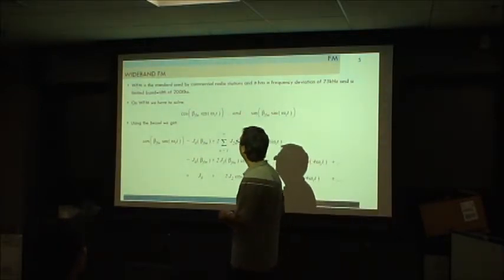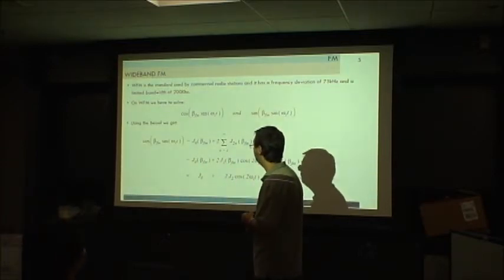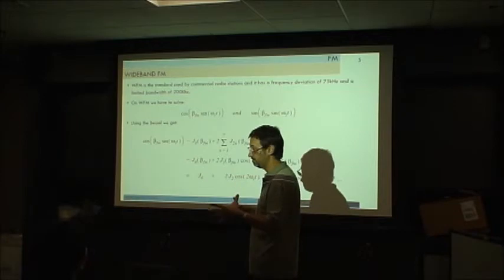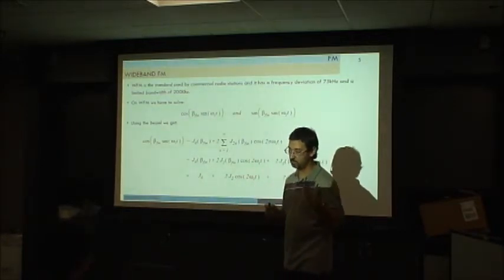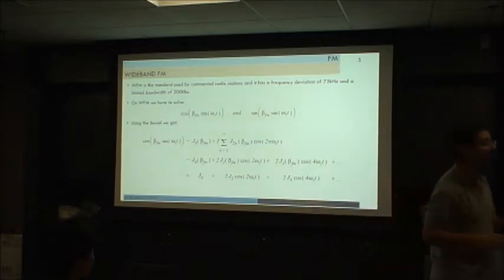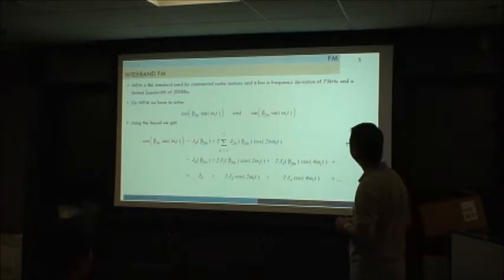Okay, so because it's really massive use, it has some regulations. Okay, so one of the regulations says that the maximum deviation that you could have, delta F, is 75 kilohertz. So the maximum that I can move from the center is 75 to each side. Okay.